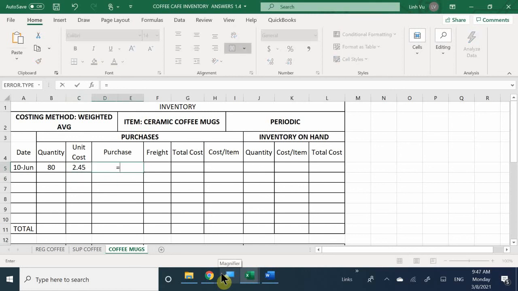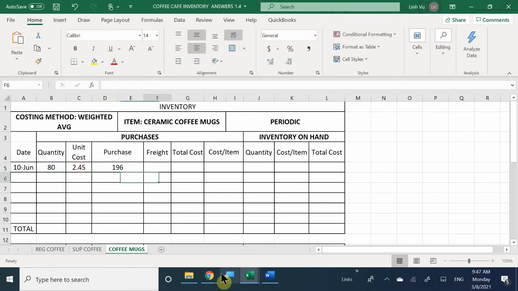And of course, how do I figure out my total purchases? 196 plus $100 worth of freight gives me a grand total of 296. And then lastly, because we are using weighted average, what happens next?